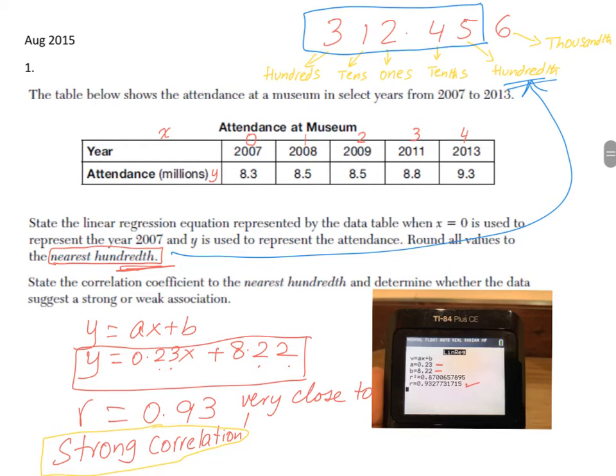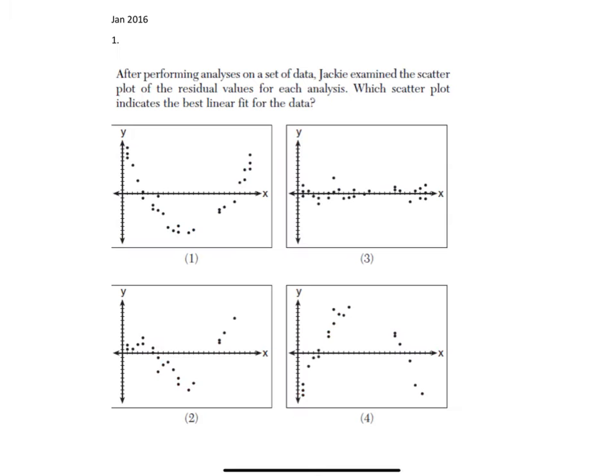So there's this and this. So for this question, whenever we are looking for a question of this sort, let's read it and then we'll see what we are trying to find out. After performing analyses on a set of data, Jackie examined the scatter plot of the residual values for each analysis. Which scatter plot indicates the best linear fit for the data?